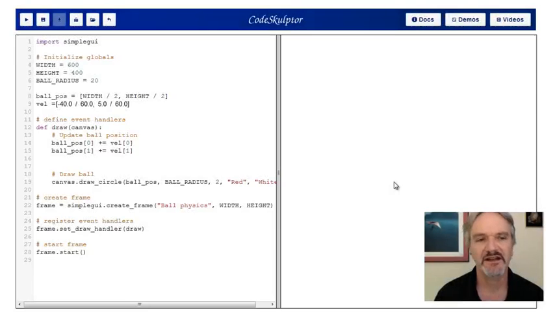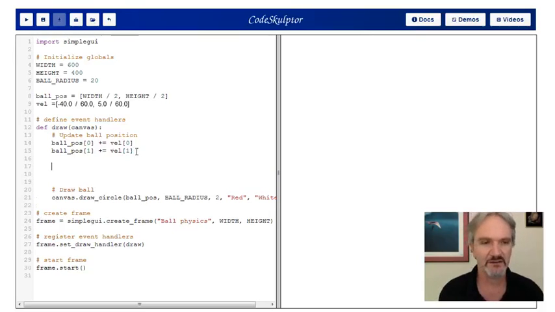So let's finish off lecture and take Scott's example of ball physics and just add in a quick check to see if the ball hits the left-hand side of the canvas and then make it reflect off of the left-hand side of the canvas. So to do it, we're going to add it right here in the draw handler. We're going to add some code to collide and reflect off of left-hand side of canvas.